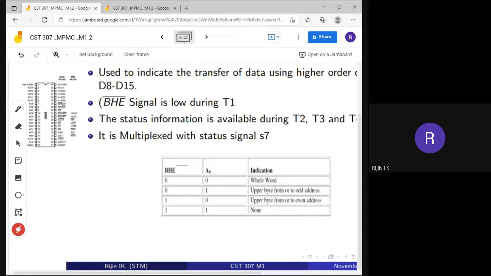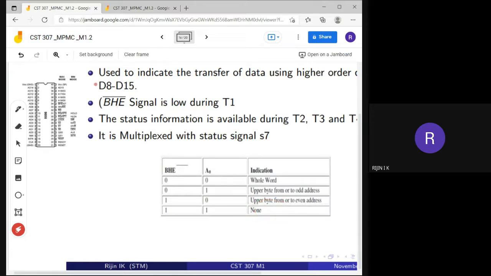We can discuss that in the next class. So BHE 0 and A0 1 means accessing the upper byte from or to the odd address. If it is 1 0, it means the upper byte from or to the even address. Then 1 1 means none.